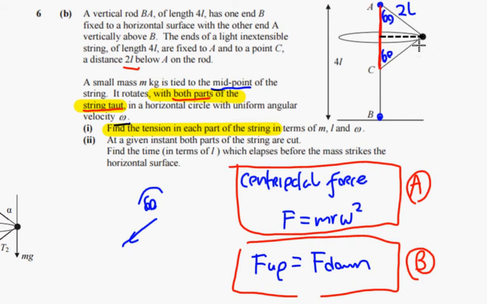That there, yeah. So you're right. 2L sine 60. What is 2L sine 60? I think it's just root 3L. It's going to be 2L times root 3 over 2, which is going to be root 3L. So the radius is root 3L.